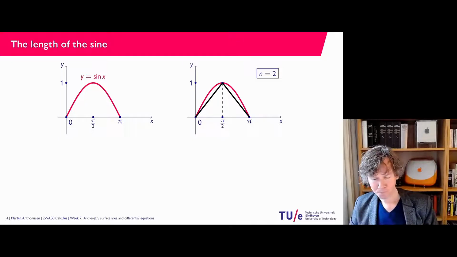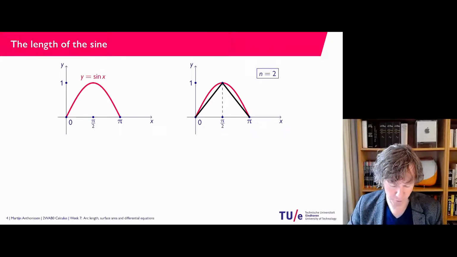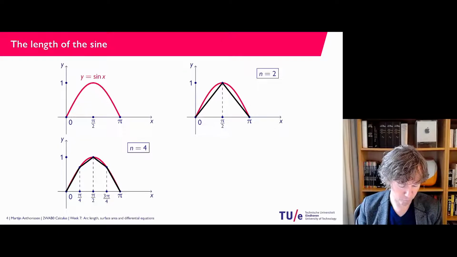But then again, we have been talking about all these kinds of limiting processes, and you can immediately see how you can get this more accurate. Because if I do not take 2, but instead I take 4 black line segments, so I go from 0 to x equals pi over 4 and the corresponding y value, and then I go from this point to the middle, and from the middle to this point here, x equals 3 pi over 4, and then finally from 3 pi over 4 to pi.